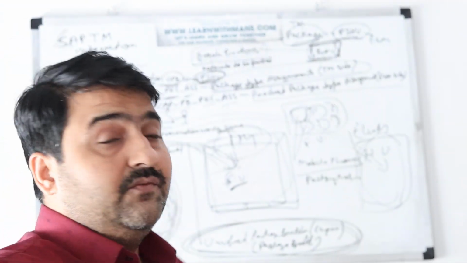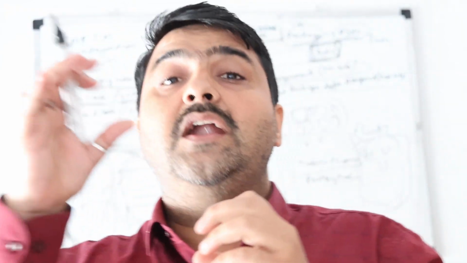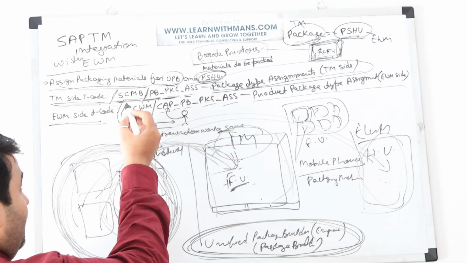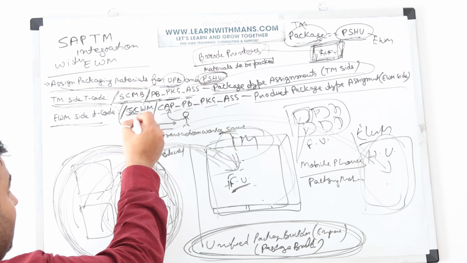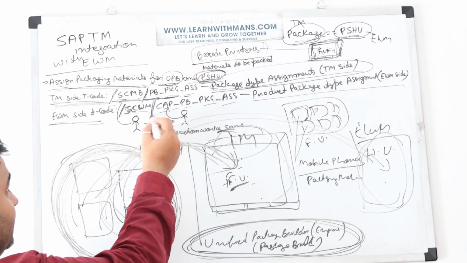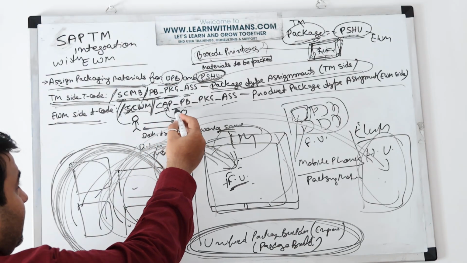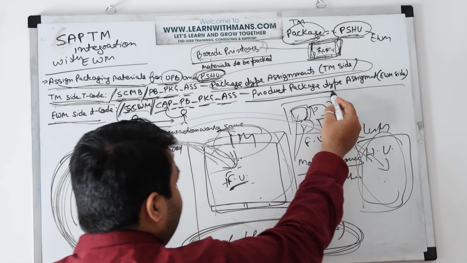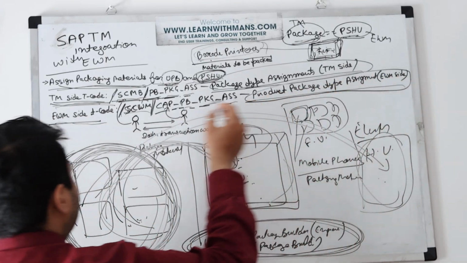And now suppose I want to pack the same material into the handling unit on the EWM side. For an example, we have a different EWM transaction code, /SCWM/ package builder, package assignment, product package type assignment on the EWM side.